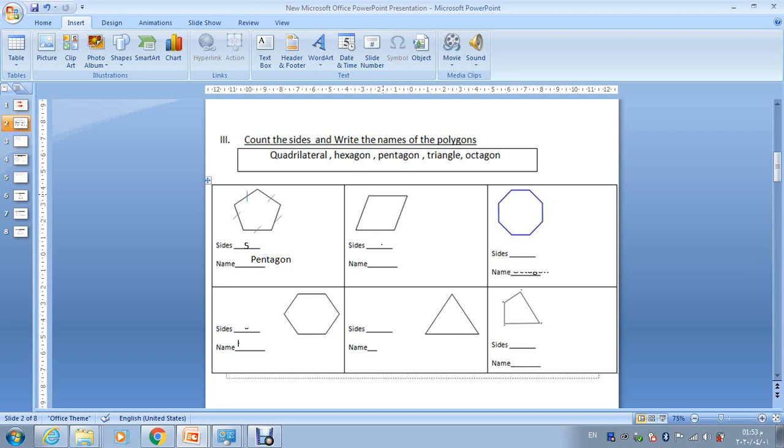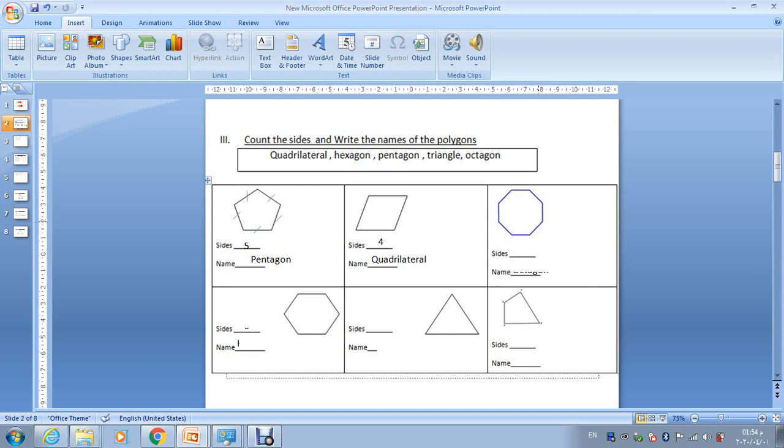Let's count them. 1, 2, 3, 4. It's 4-sided, so we will write 4 sides, and the name will be quadrilateral. Why quadrilateral? Because quadri means 4.